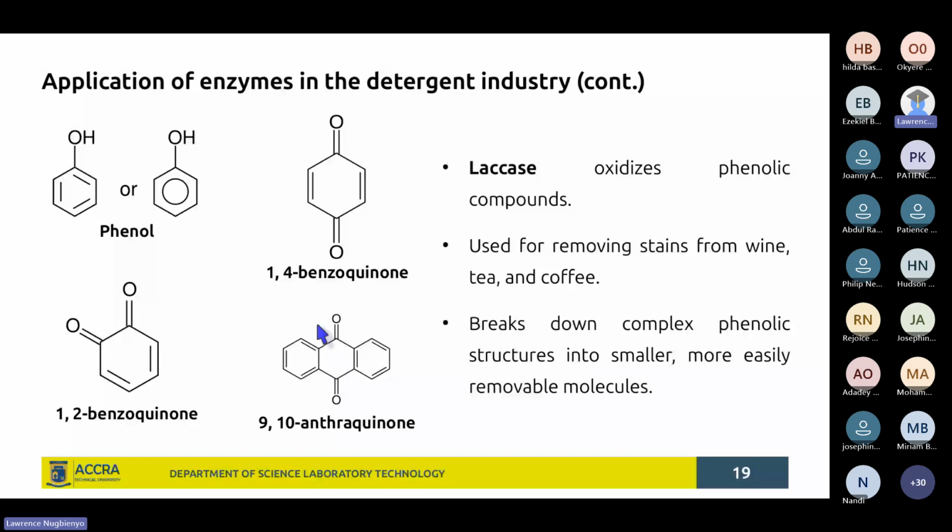In fact, many of these phenolic compounds, especially these quinones, are responsible for the flavors that you observe in things like wine, tea, coffee, cocoa.